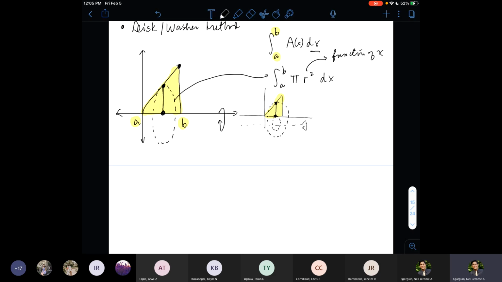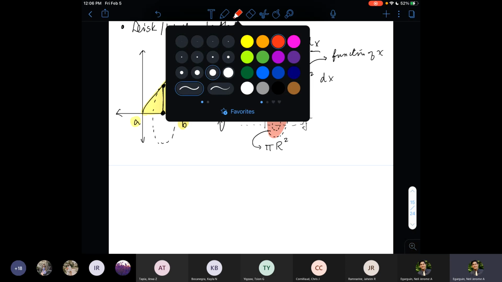So what we do to find the area of these cross-sectional washers is take the area of the big circle, pi capital R squared. But that will give us the area of the entire circle, and remember, this circle has a hole in it.